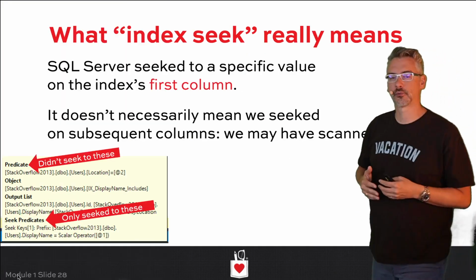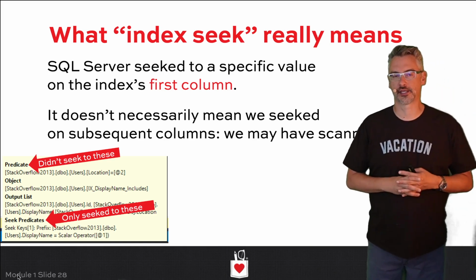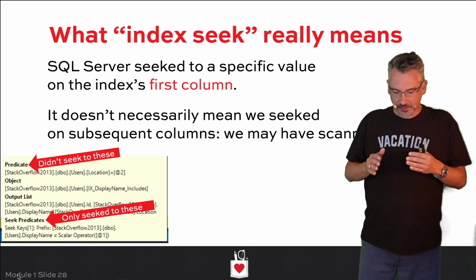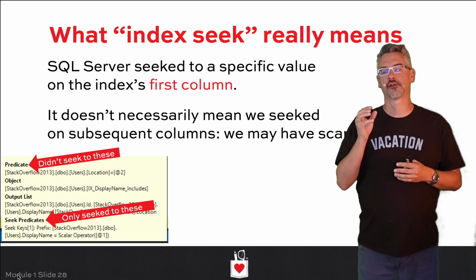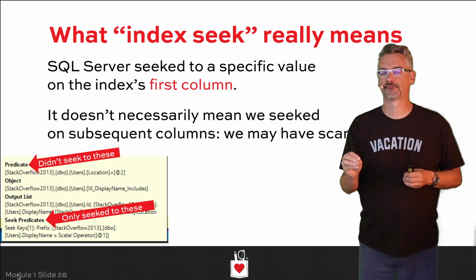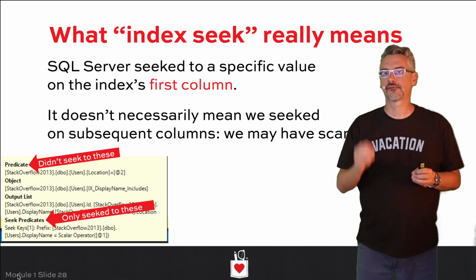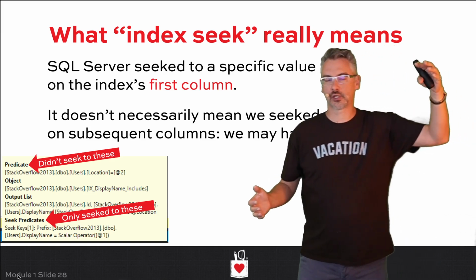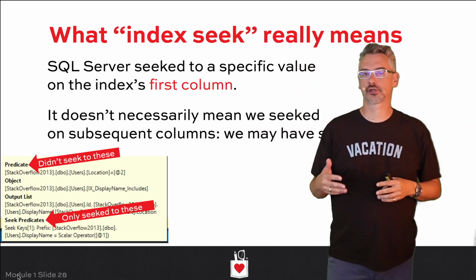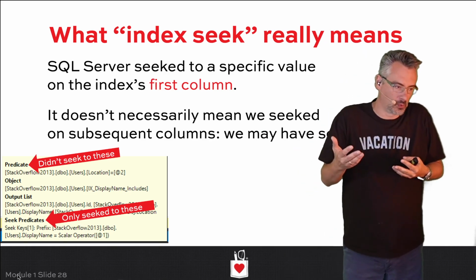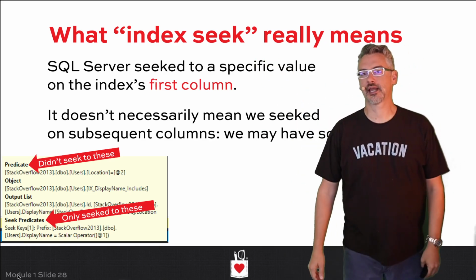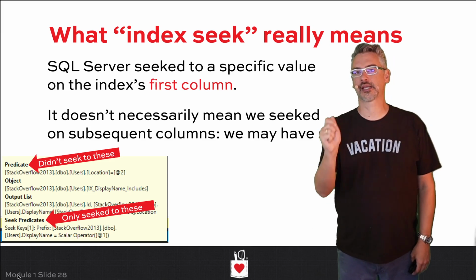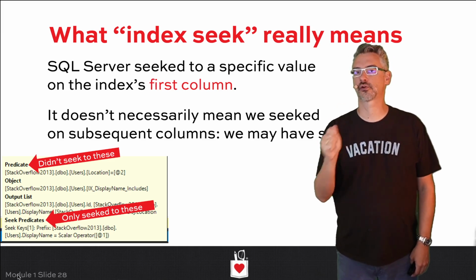What this means when you see an index seek like this with a predicate plus a residual predicate, it means that SQL Server seeked on the first column, but only the first column. The more data that you have in a table, the more this starts to matter. Don't be fooled by something saying index seek on the execution plan. That only means we seeked on the first column.